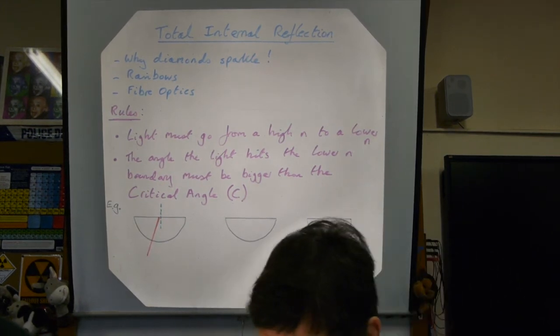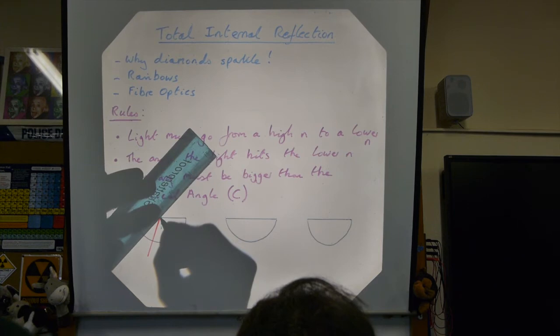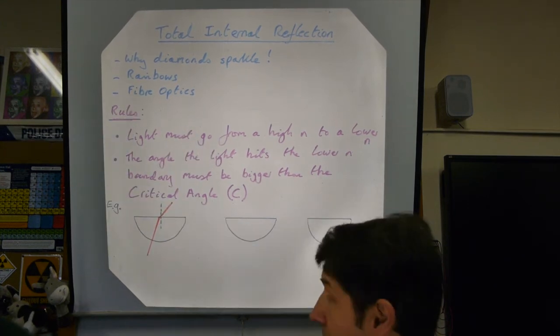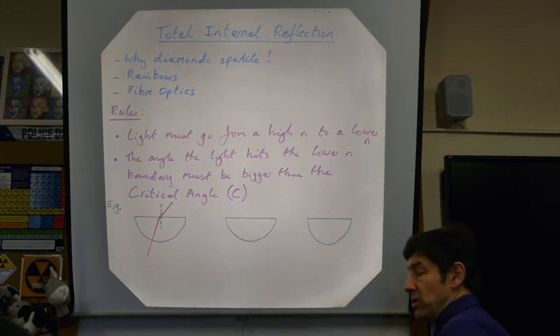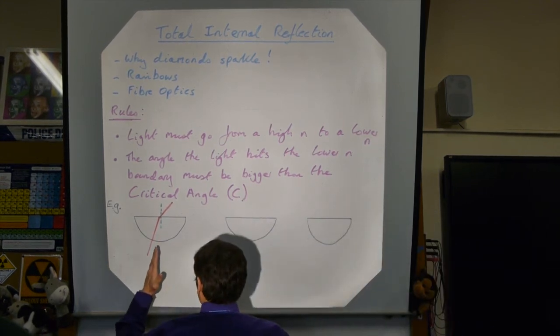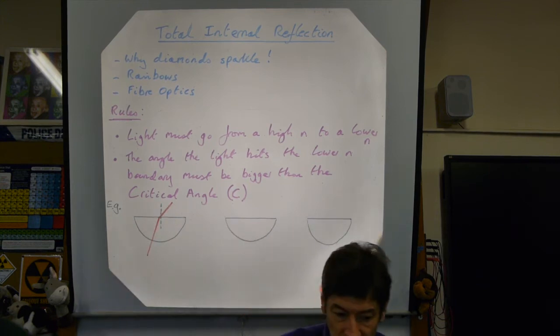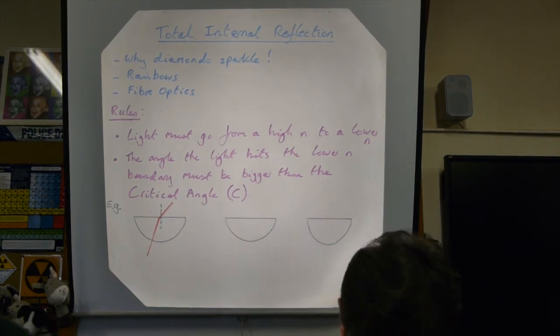And let's have the ray refracting through an angle. There we go. So you'll notice that this ray comes in and bends away from the normal. So we know something about the refractive indices here.